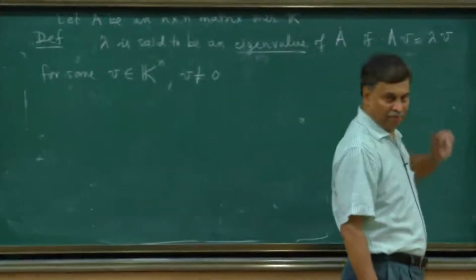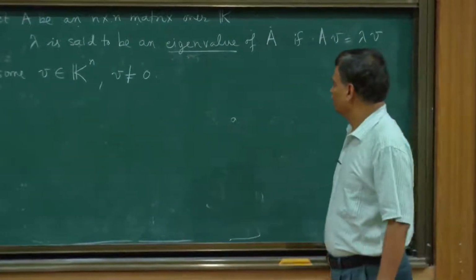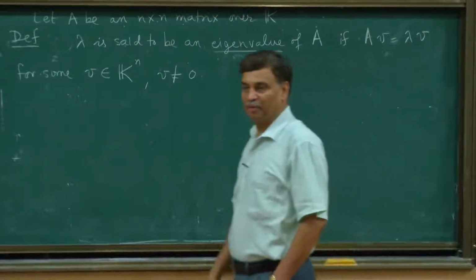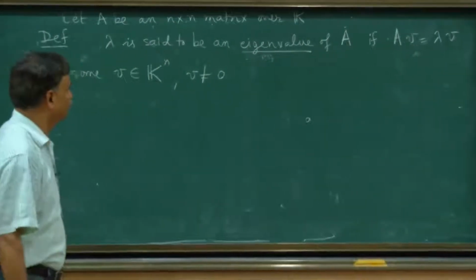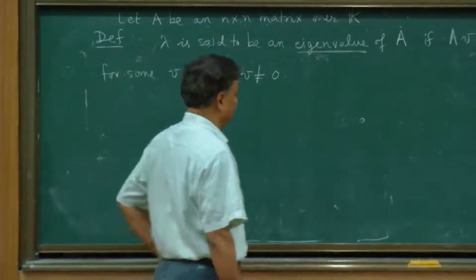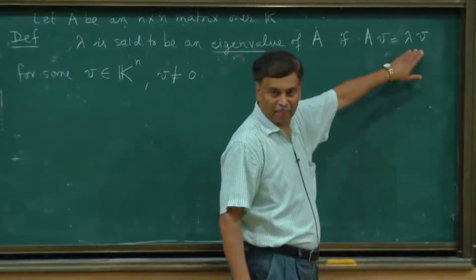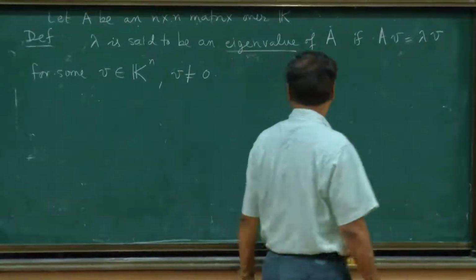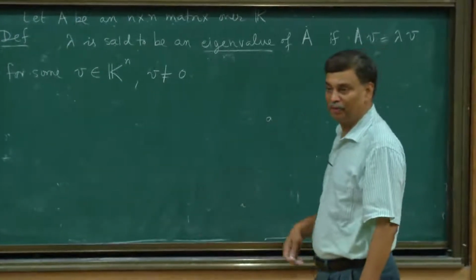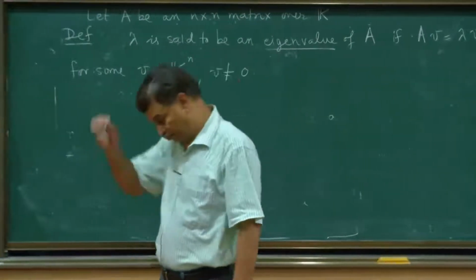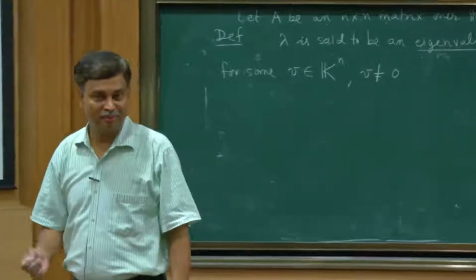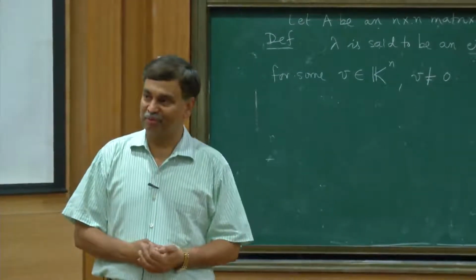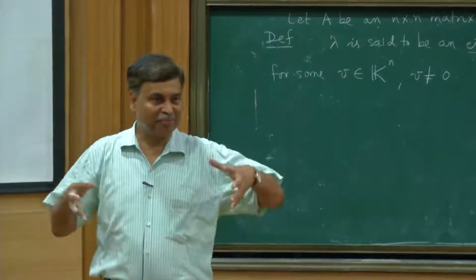So there exists a non-zero vector such that the action of multiplication by A on the left just corresponds to a scalar multiple by lambda. It is known by various names: eigenvalue, proper value, characteristic value, latent root. In old English books they use the word latent, which I guess means something hidden.